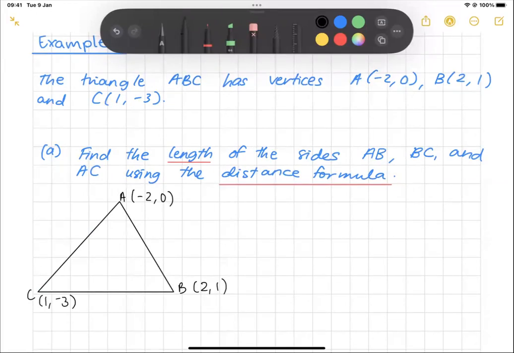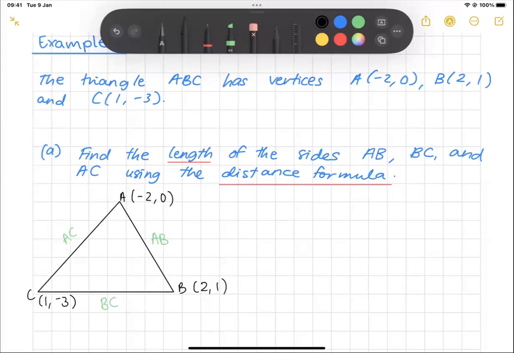All right, so I have labeled that. Now I'm going to label each side. This side here is the side AB. This, if you could already guess it, is BC, and lucky last is AC. So I need to find the length of those sides.